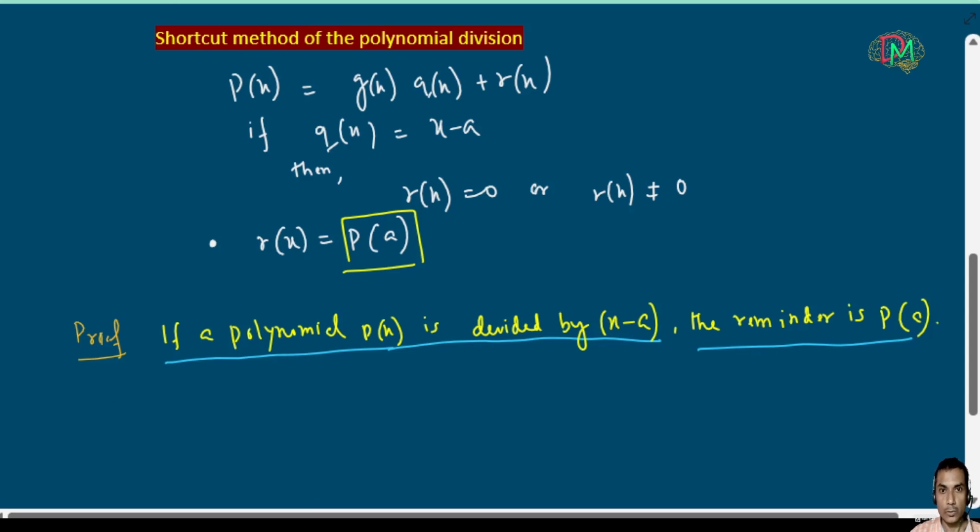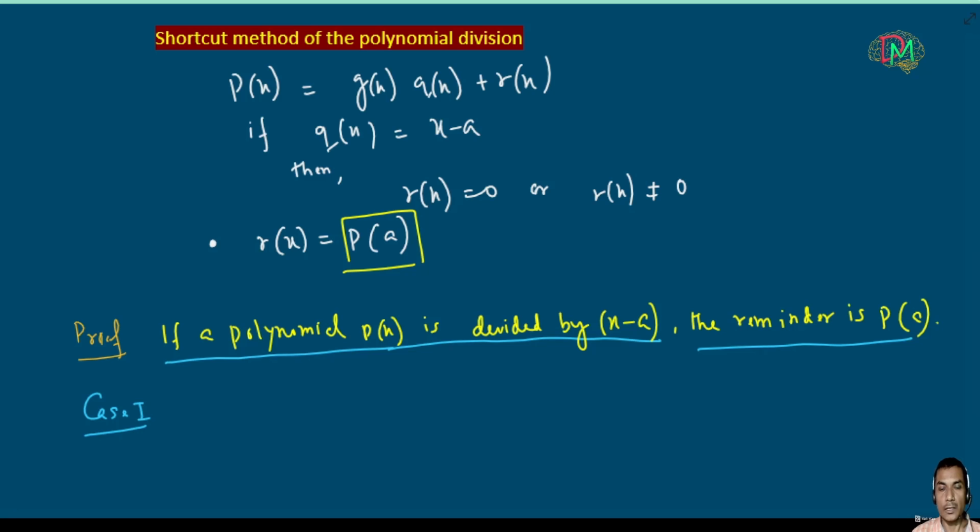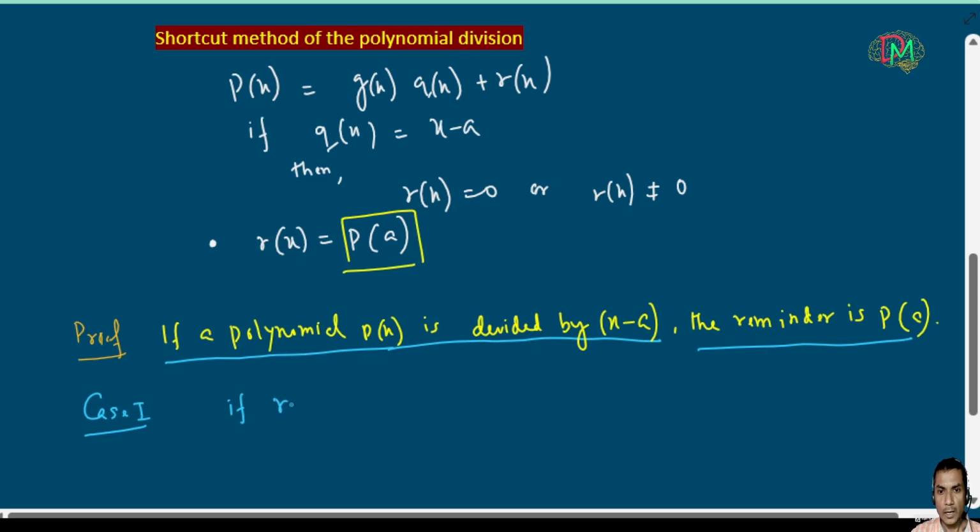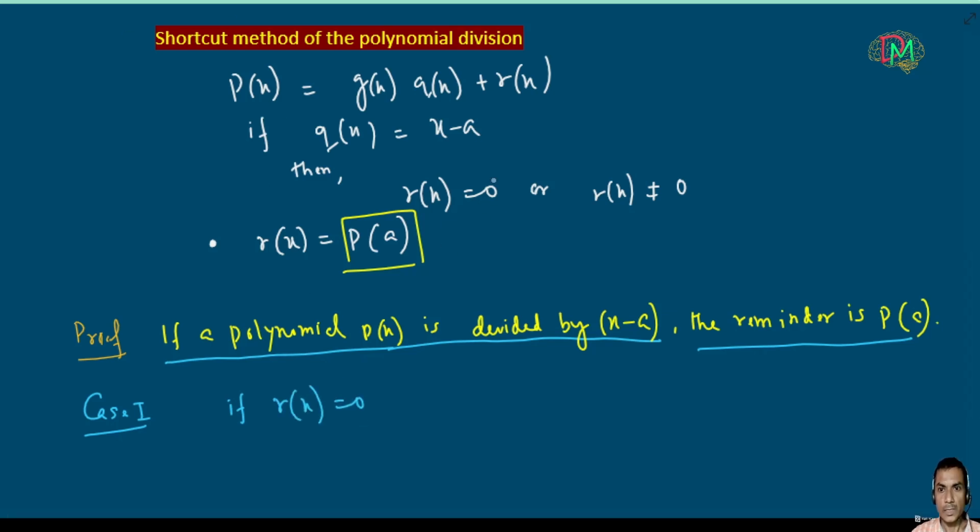So we consider the two scenarios. One is case 1, when rx is equal to 0, meaning the remainder is 0.